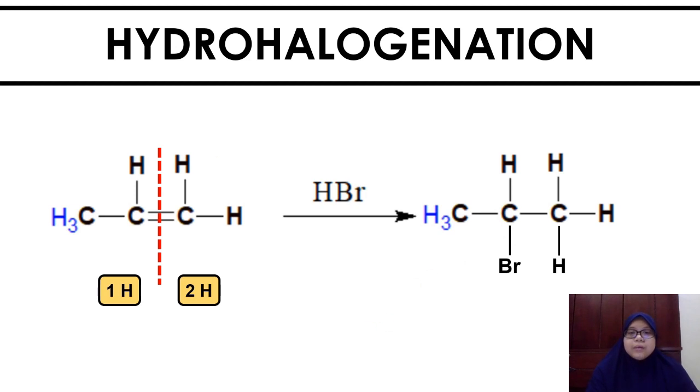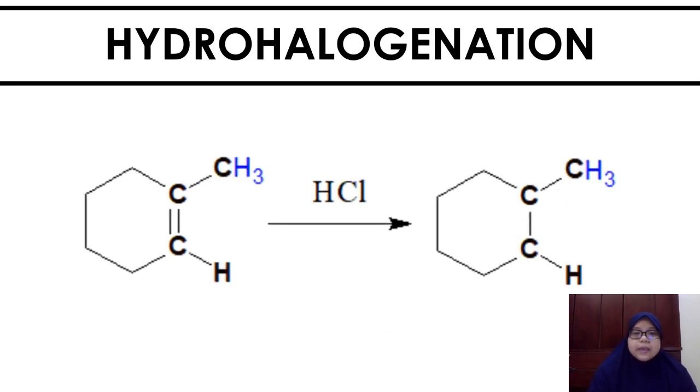How about this example? We divide the molecule at the carbon-carbon double bond. You will see here the carbon of the double bond on the upside contains no hydrogen, does not directly attach to any hydrogen, but the carbon below is attached to 1 hydrogen.